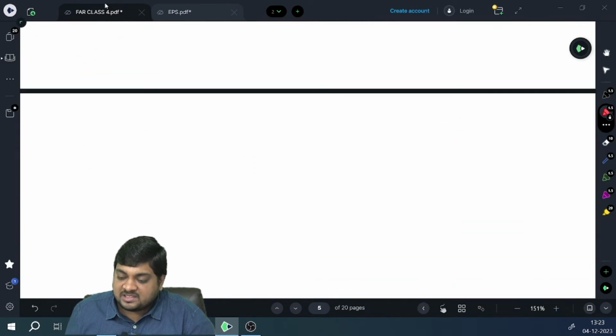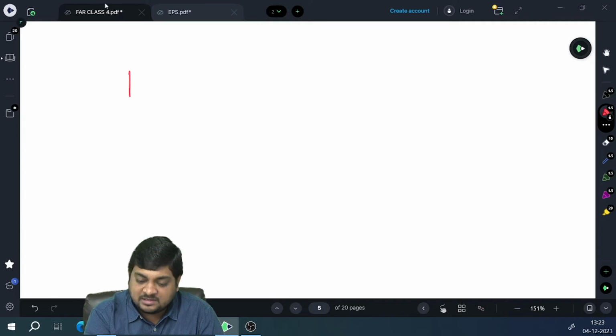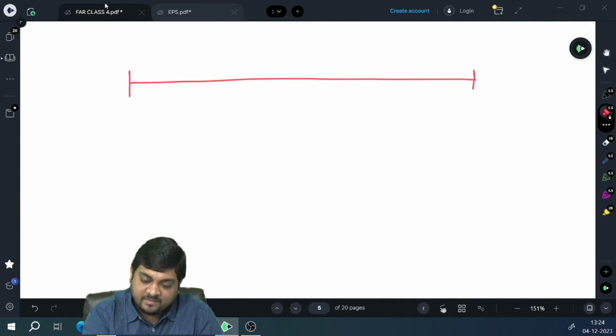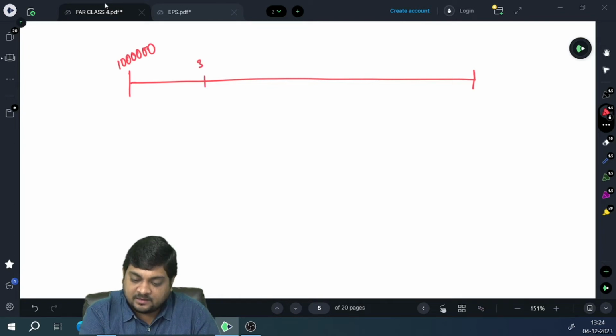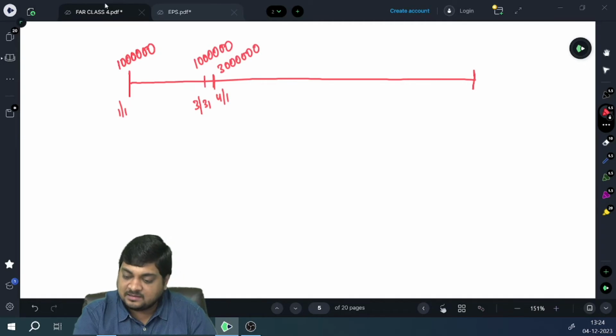Another way is to just draw the timeline once. Opening is 10 lakh. This is 1st January. Then March 31st, again it is 10 lakh. Then in April it is 30 lakh, and then in December it is repurchased.